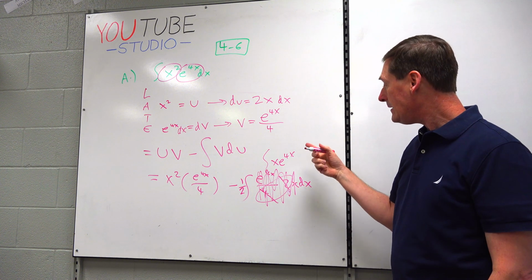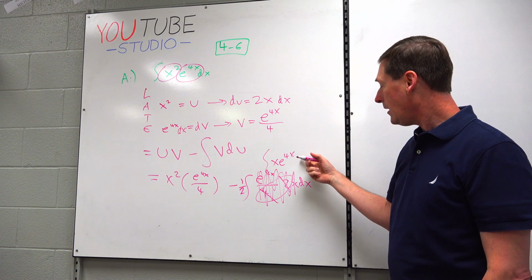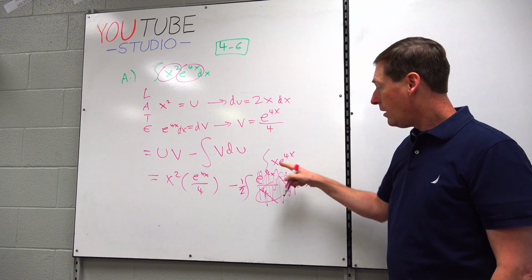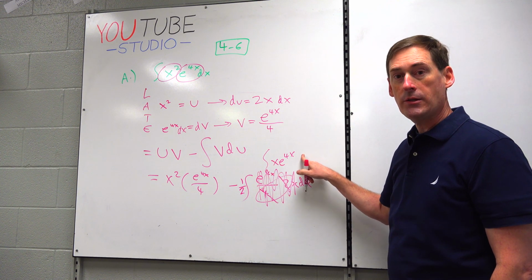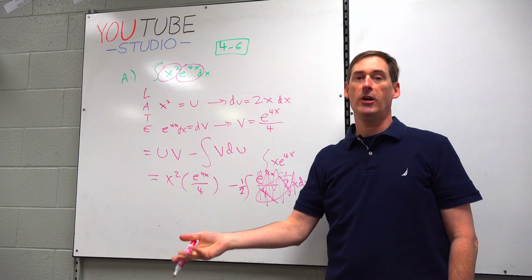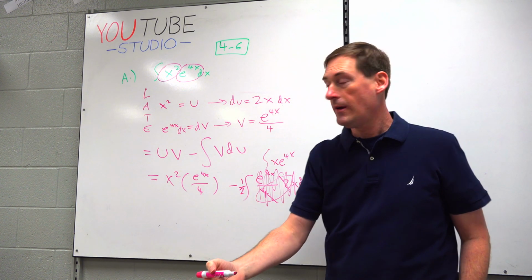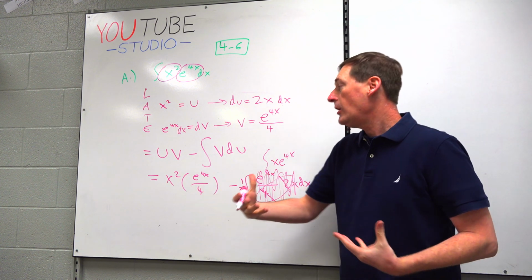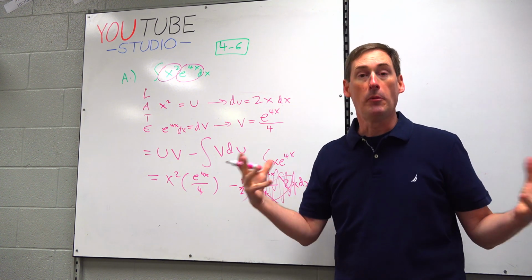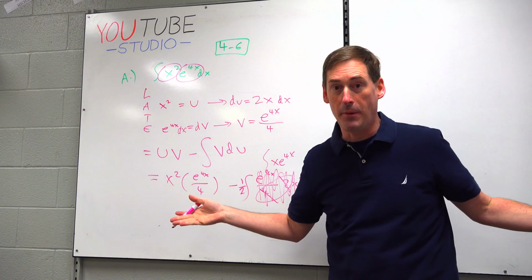Okay, so let's integrate x times e to the 4x. It's a variable times a variable. It's another parts. It's a parts within a parts, often referred to as double parts. So it's double integration by parts.